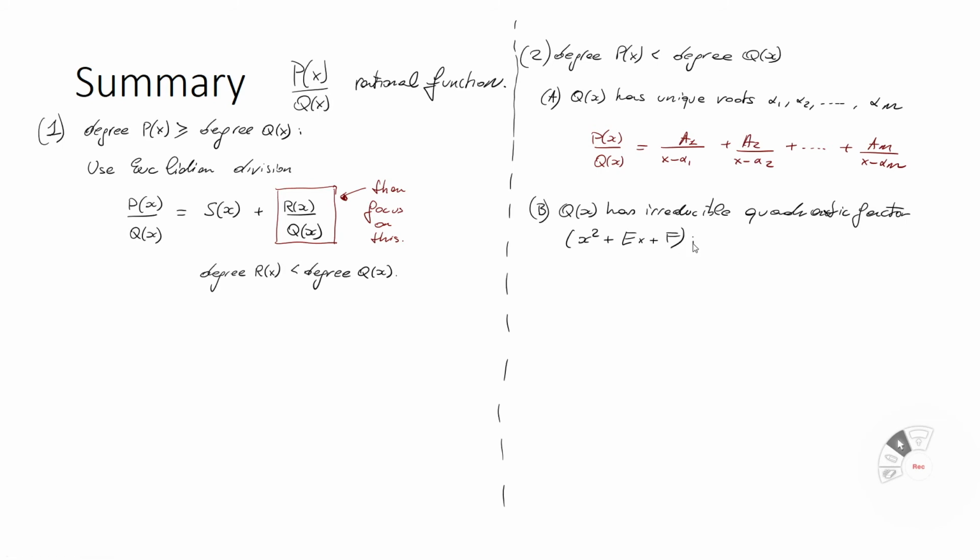Then what does that do to our partial fraction expansion? Well, then p over q has whatever the other roots contribute, but plus something with the quadratic factor in the denominator, and a linear polynomial in the numerator. So the denominator here is that irreducible quadratic factor.